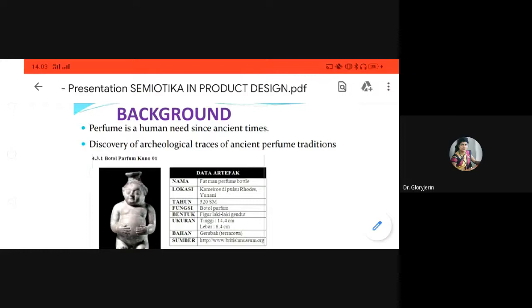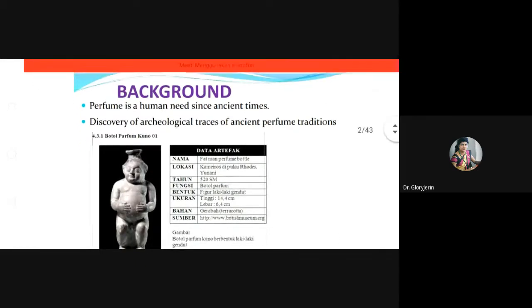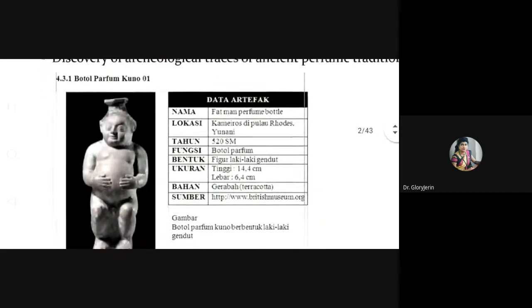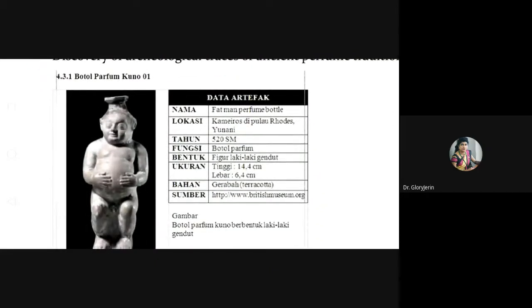We can see it in the artifacts, the archaeological discovery of traces of ancient perfume traditions. You can see this is an ancient perfume bottle from the Greeks, dated 520 BC. The shape looks like a fat man. This is a fat man perfume bottle.